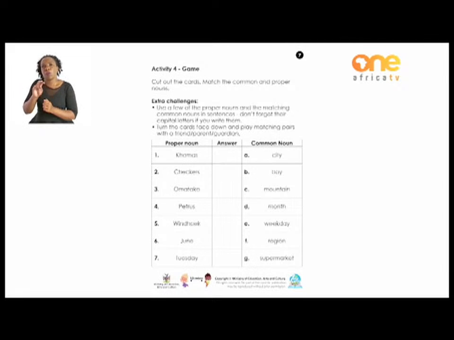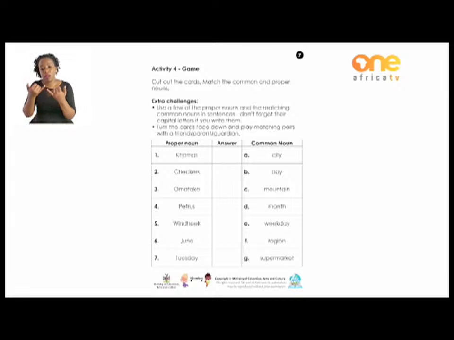Don't forget their capital letters if you write them. Remember, we said proper nouns should begin with capital letters. Turn the cards face down and play matching pairs with a friend, parent, or guardian.